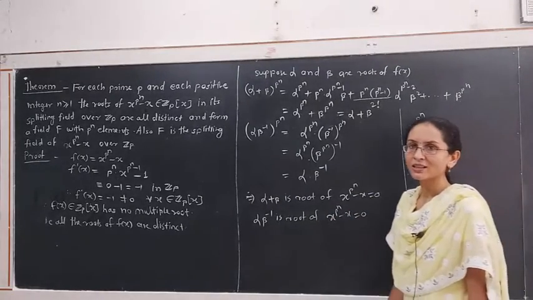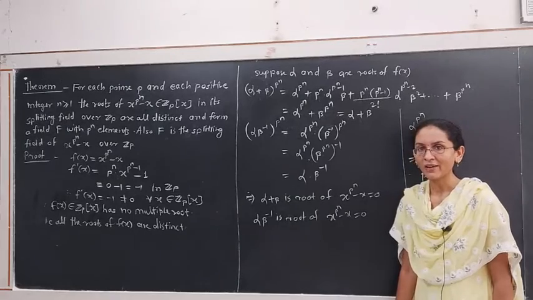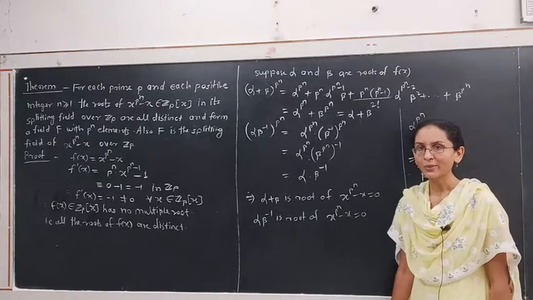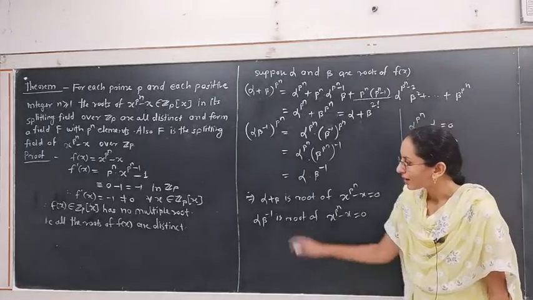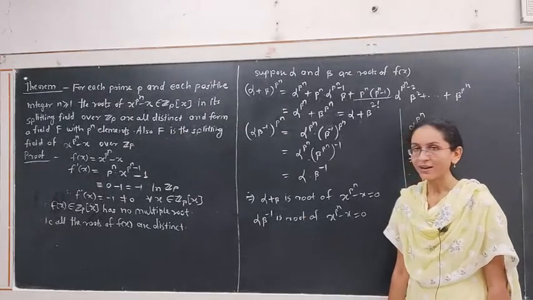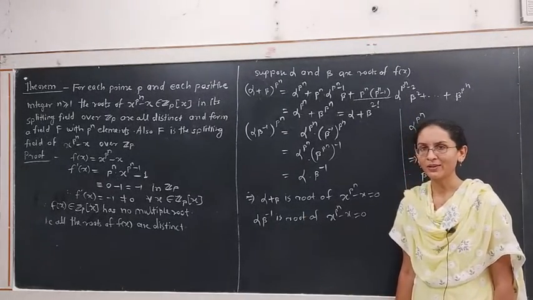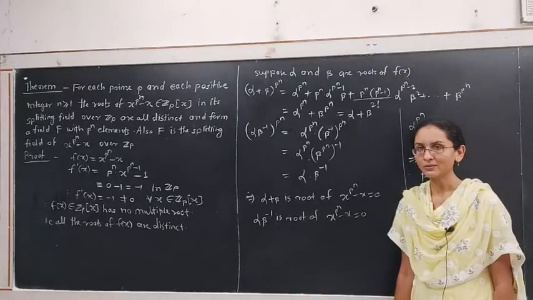Hence, if we consider roots alpha and beta of the polynomial f(x), then alpha plus beta and alpha beta inverse are also roots of this same polynomial f(x) over Zp.